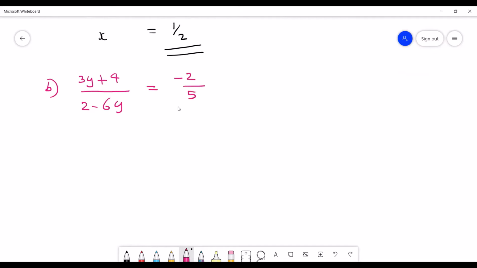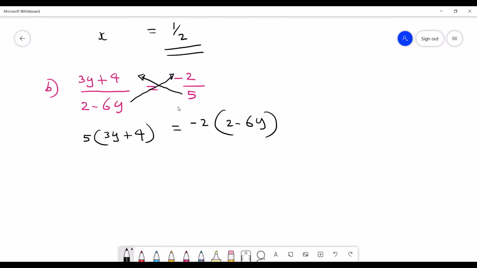Here the method is cross multiplication. So you have to multiply 5 with this and minus 2 with this denominator. So it will come as 5 into 3y plus 4 equal to minus 2 into 2 minus 6y.